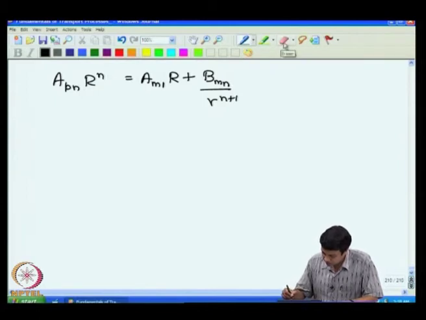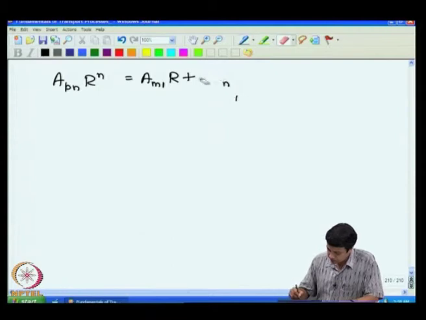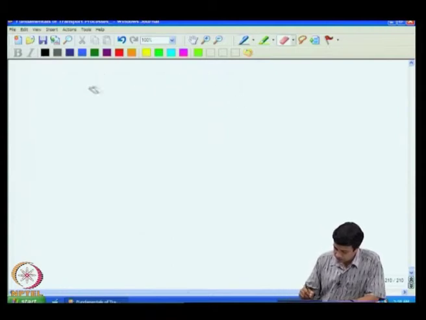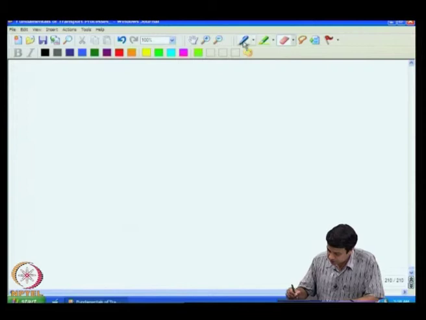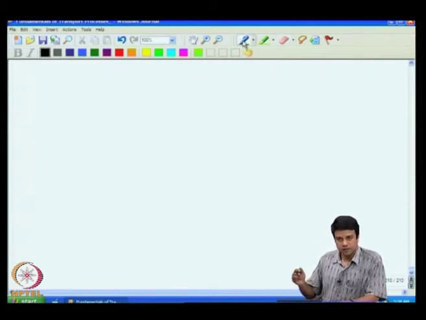This coefficient is non-zero only for n equal to 1, so let us just write out the coefficients separately for n equal to 1 and for all other coefficients.